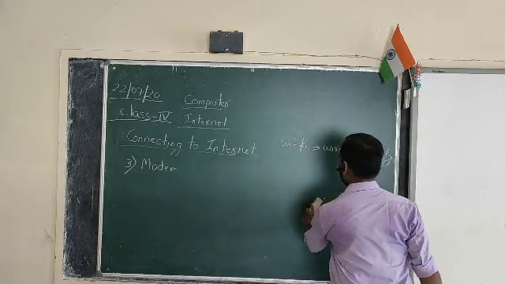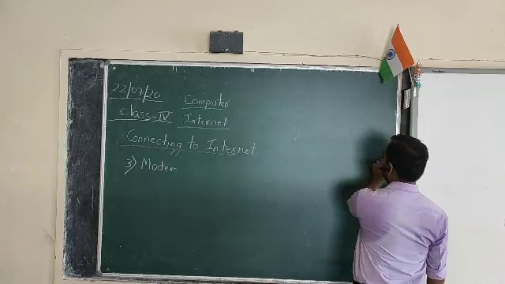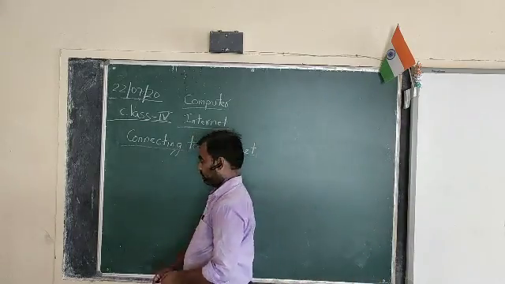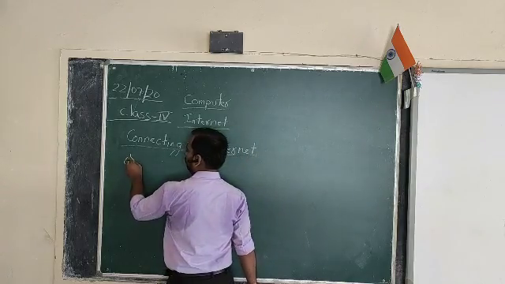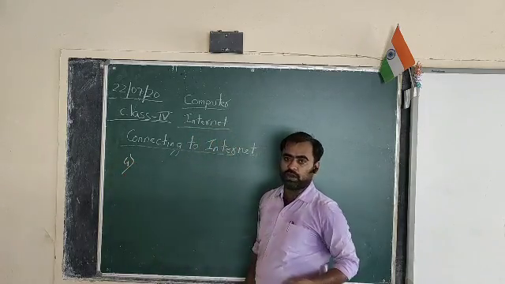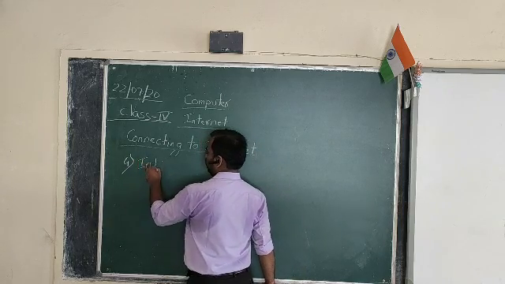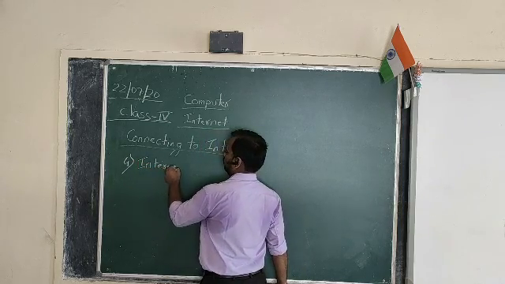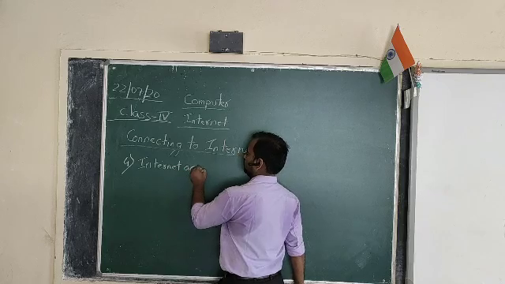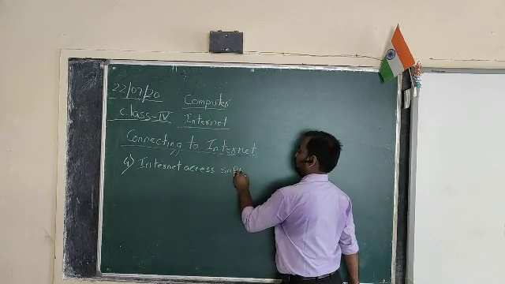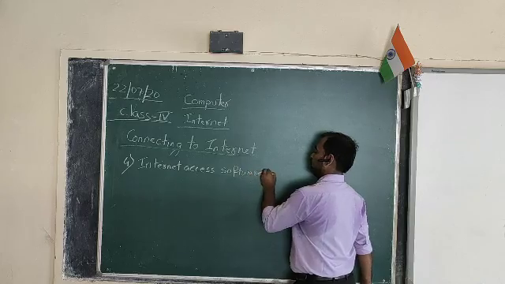Now, the fourth thing which we need to discuss was the internet access software. The fourth important thing which was required to get connected to the internet was internet access software.